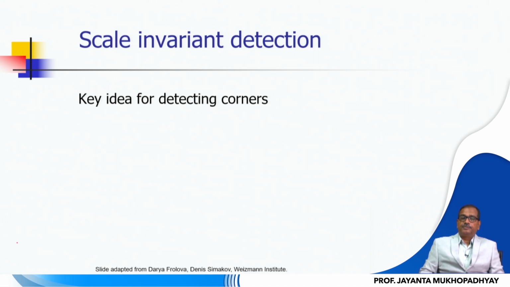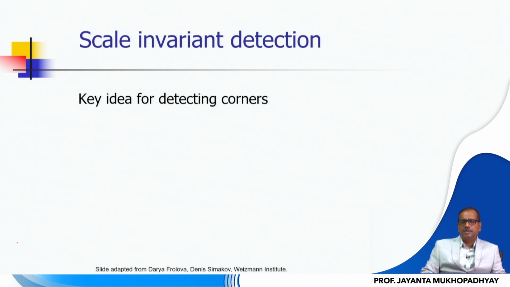But one of the major challenges is scale invariance, because that is very common, particularly in optical imaging through an ordinary camera. The object could be very close to the camera, or it could be taken from very far away. But the same structure is visible both in the close vicinity and far away.